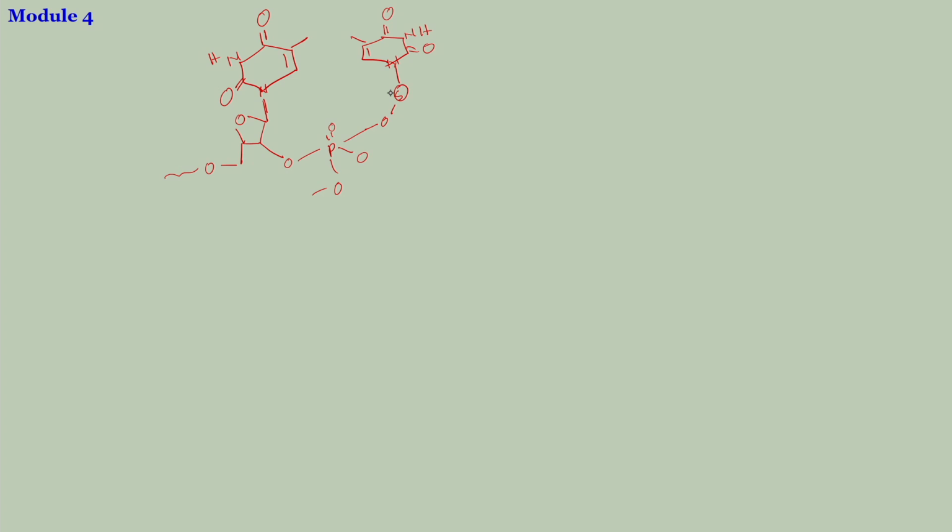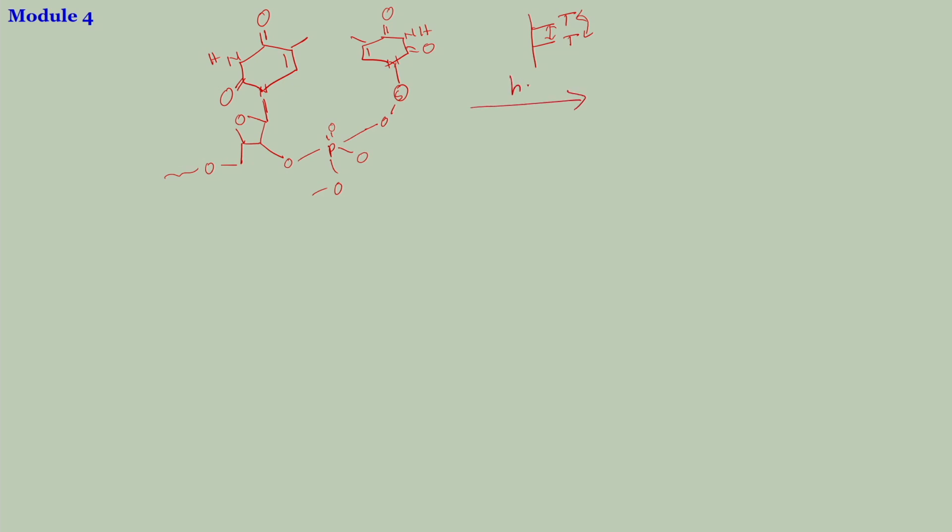I am not drawing the sugar. So, it is basically within the same strand, if you have a thymine and if you have another thymine next to each other, then there can be reactions under the UV light.